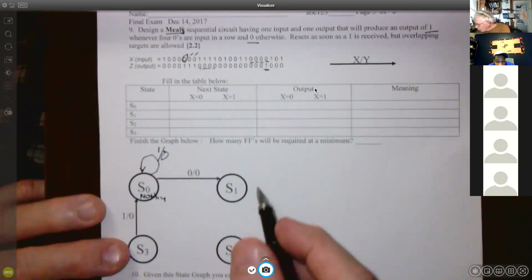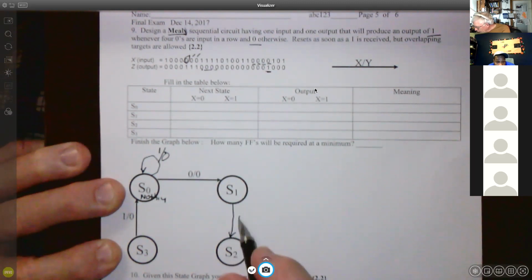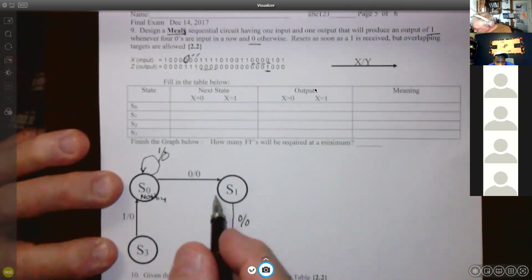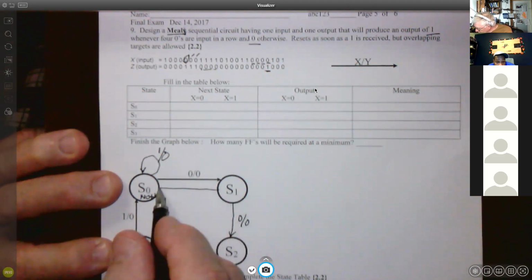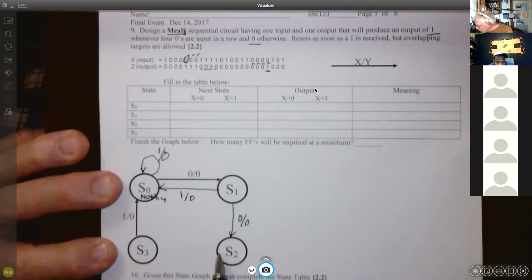Now we're in S1. If we get another 0, we go to S2 and we still output a 0 because we don't have our target. If we get a 1, then we're back to S0 with nothing again and output a 0. In S2, if we get a 0, we go to S3 and output a 0.